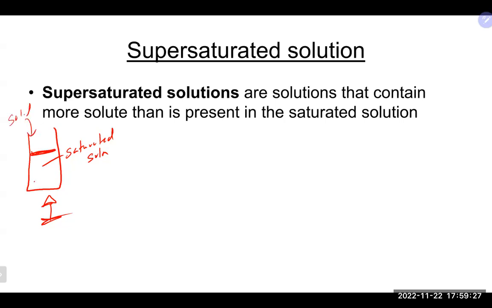And once you get the amount of solid that you want to dissolve in the solution, what you typically do as you're making the supersaturated solution is you let it cool down without disturbing it, without touching it, without looking at it wrongly or anything like that.